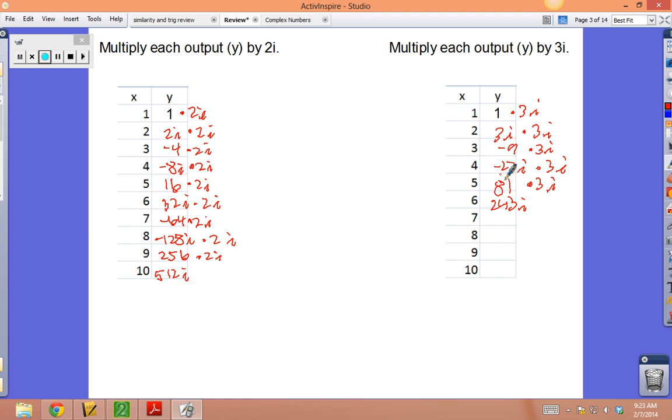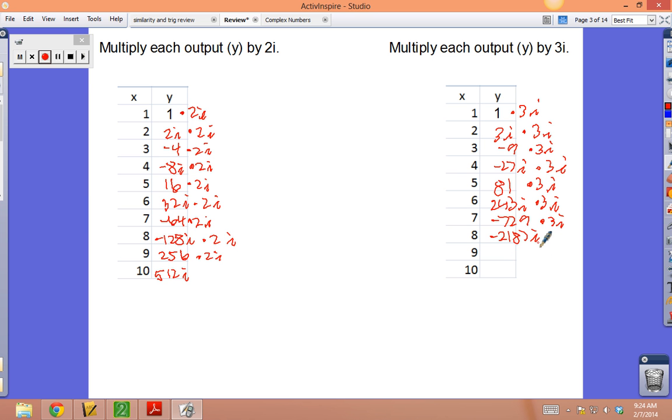243i times 3i is 729 i squared. So it's going to be a negative 729. Negative 729 times 3i. Negative 729 times 3. And we're starting to get big. So it's going to be a negative 2,187i.